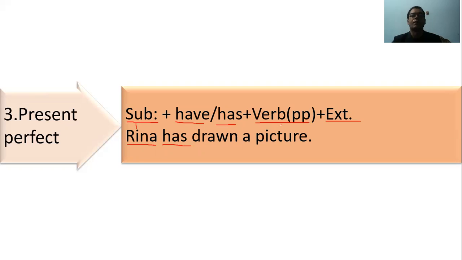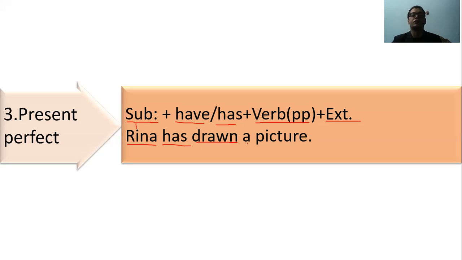Then the past participle form of the verb draw: draw, drew, drawn. That means if you learn the conjugation of verbs and practice it again and again, then you will be able to make many sentences. The conjugation of verb: present form, past form, and past participle form.